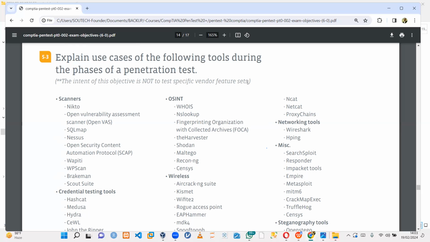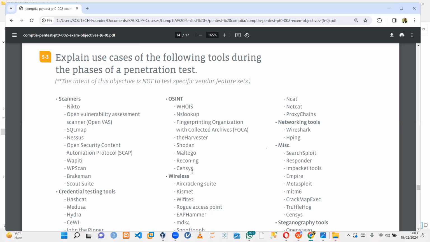Take, for instance, when you use WHOIS to get information, you can go ahead to use that information on NSLOOKUP. You can use that information, move over to theHarvester. You can use that information to go to Shodan. You can use that information and go to Maltego. You can use that information from Maltego to go to Censys to check server configurations and the rest.